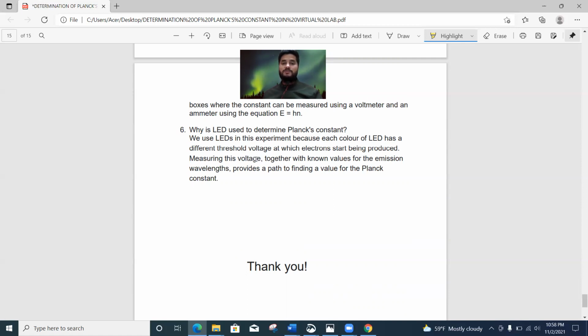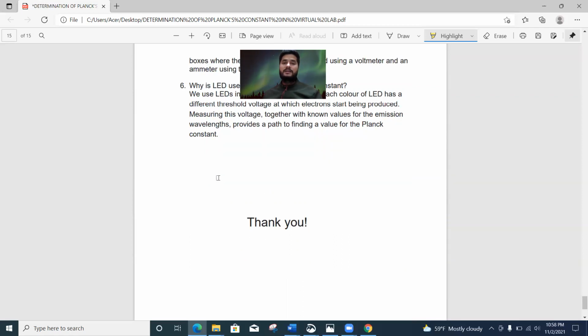The LEDs glow at different voltages, and we keep a record of these threshold voltages. By measuring this voltage together with the emission wavelength, we can calculate the value of the constant.